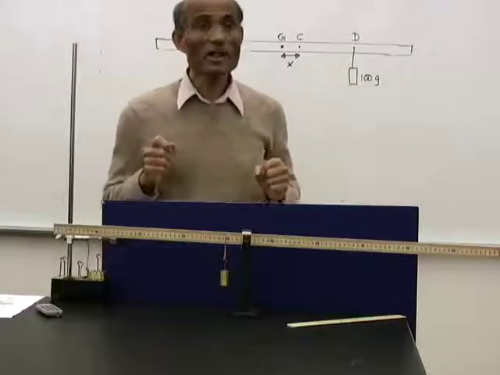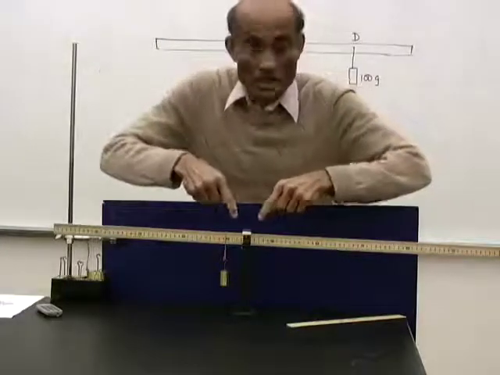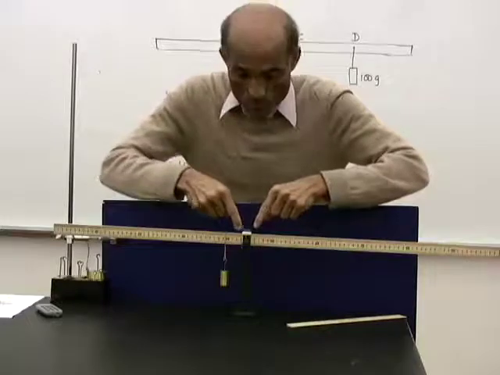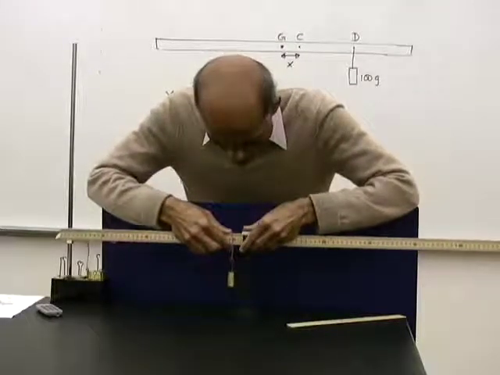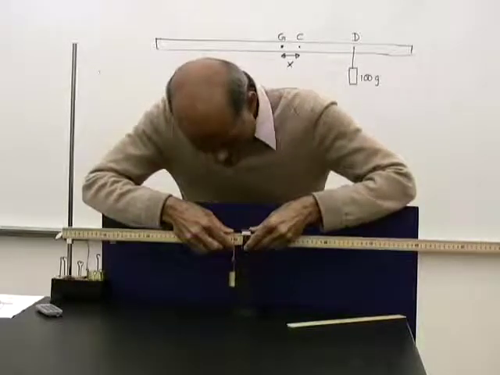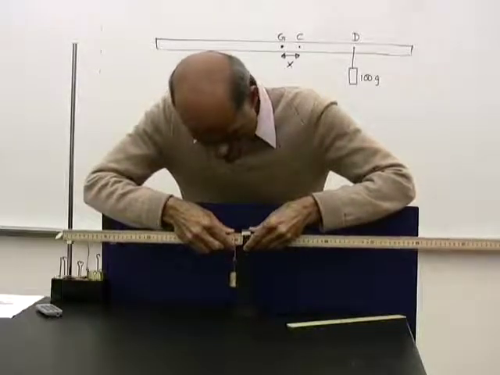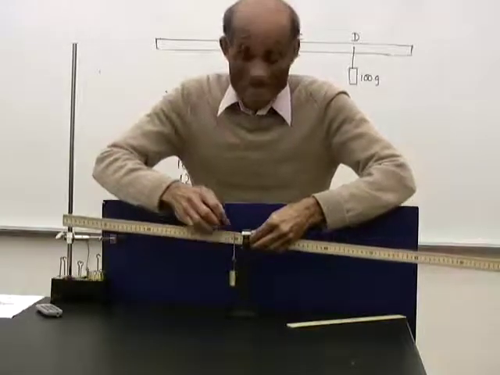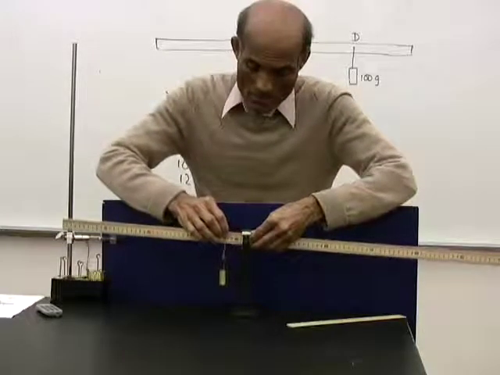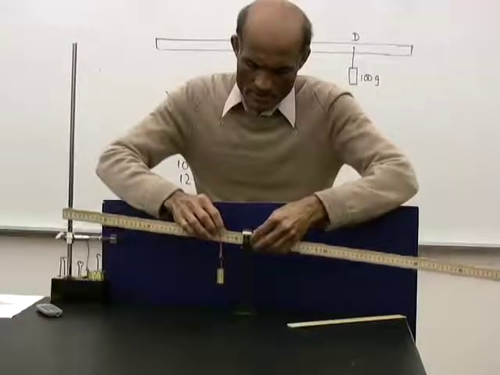Let's now change X to 8 centimeter. I need only move it 2 centimeters. So let's do that. There we are. X is now 8 centimeter, and of course I need to move the mass.